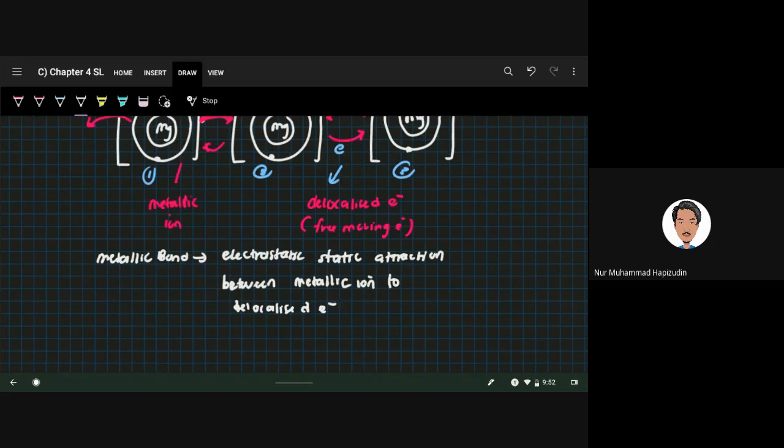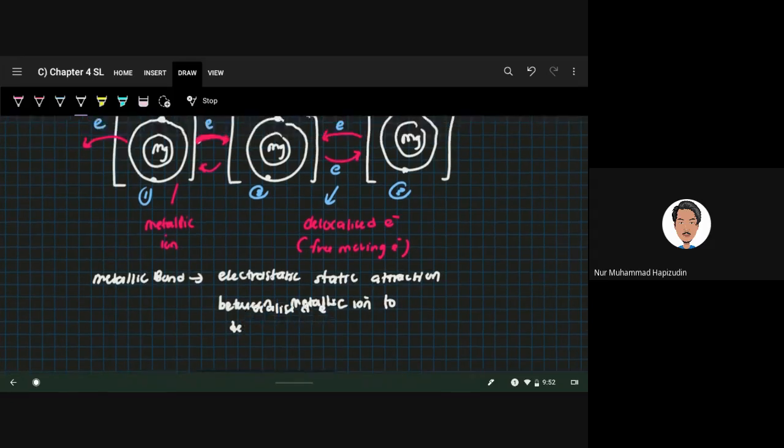Delocalized electron. You faham? To delocalized electron. Okay, so this is metallic bond.